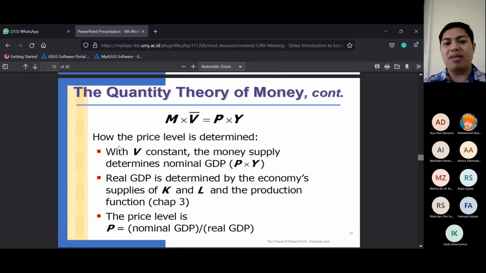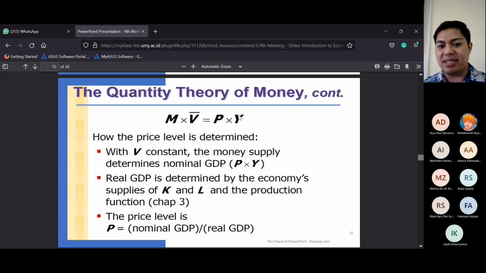So here is how the price level is determined. Here, how the price, as the value of inflation, is determined. With V constant, the money supply determines nominal GDP. So the money supply here is determined through P and Y. Real GDP is determined by the economy's supplies of K and L and the production function.